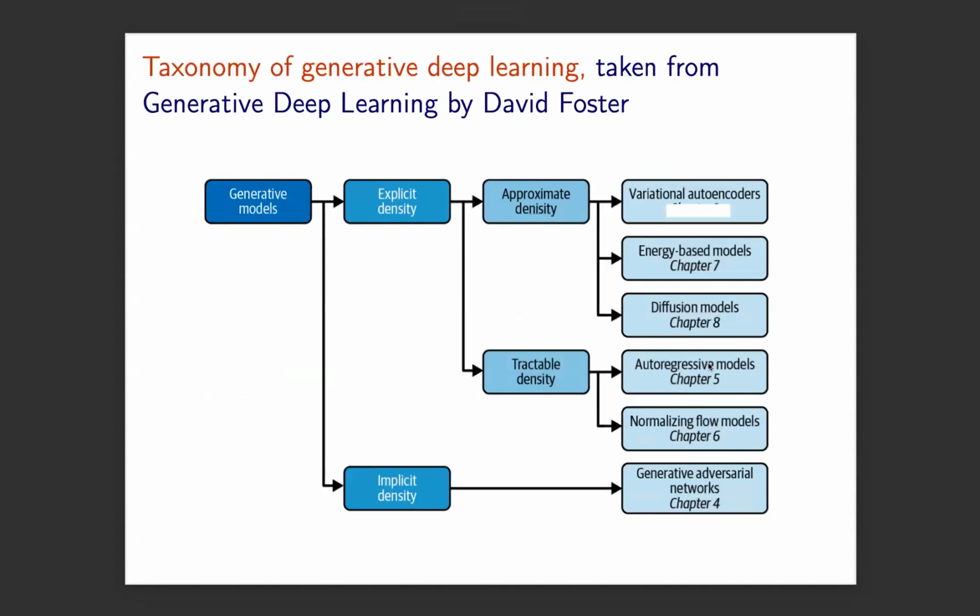So if you now look at the kind of taxonomy of these generative deep learning methods, we have methods which we have covered, like variational autoencoders, energy-based models. We have looked at diffusion models. We have not discussed autoregressive models, which are the extension of recurrent neural networks. So we did discuss recurrent neural networks and long short-term memory methods, but we did not move on beyond that.